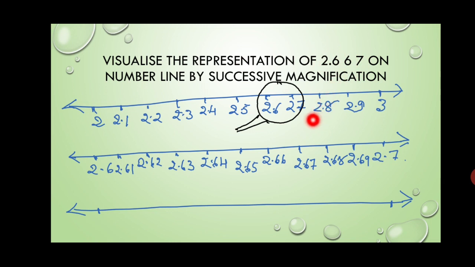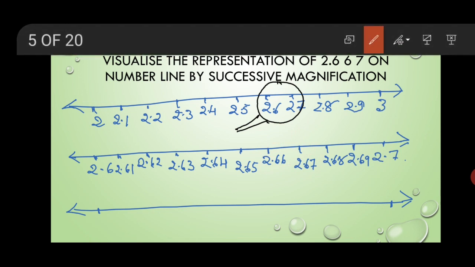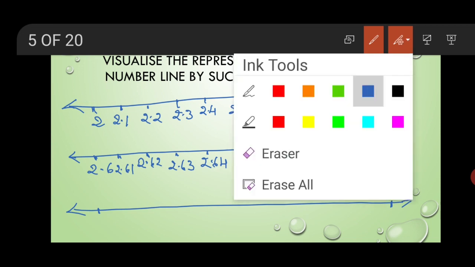Where are the numbers 2.66 and 2.67? See, it is in between these 2 points. So again, keep your zooming lens or magnifying lens here, in between these 2 points.